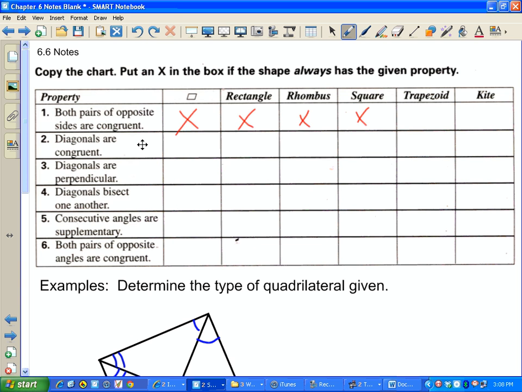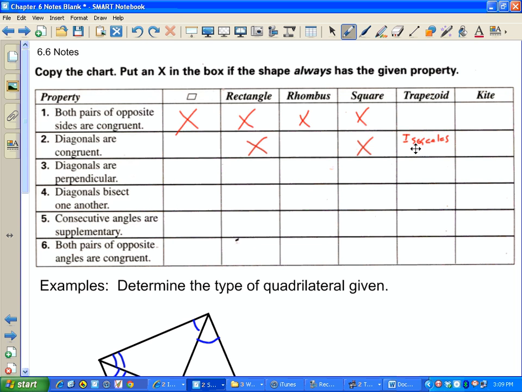Which ones have diagonals that are congruent? Parallelogram, not always. Rectangle, always does. Rhombus, not always. Square, yes, because a square is a type of rectangle. Trapezoid, no. Sometimes it does. This is only isosceles, so you might want to make a note for that.